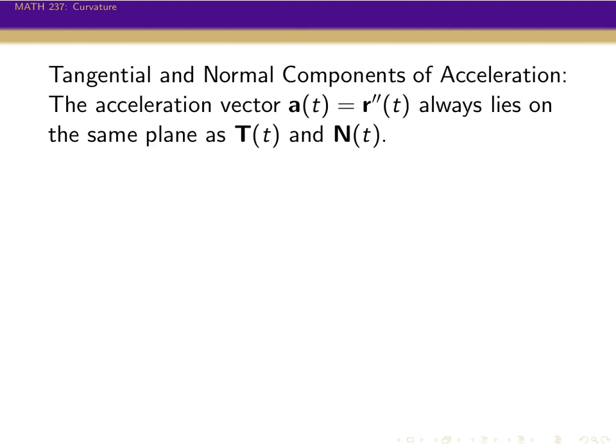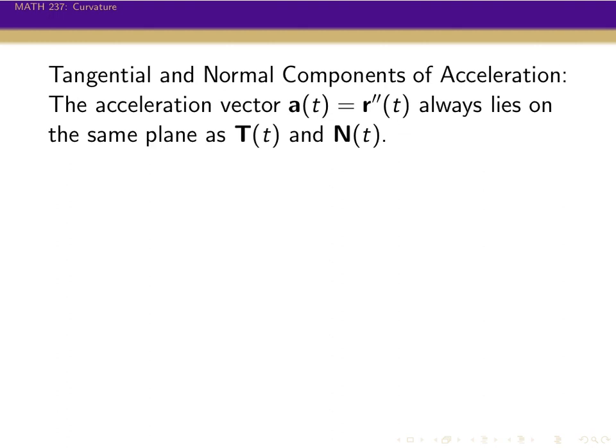Okay, one last little bit about motion along a curve, which is kind of hard to find a place to stick in, but this is a good place because curvature is going to come into play here. This is what's called the tangential and normal components of acceleration.